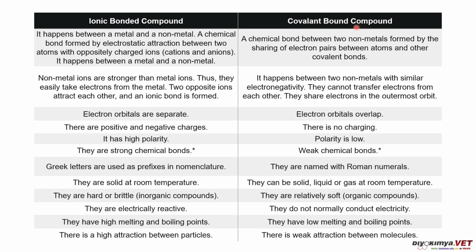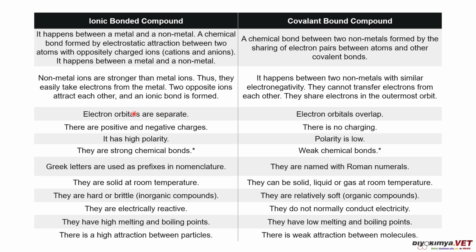And covalent bonding is the sharing of electron pairs between atoms. Non-metal atoms are stronger than metals in attracting electrons, thus they easily take electrons from the metal. Two opposite ions attract each other and an ionic bond is formed. Covalent bonding happens between two nonmetals with similar electronegativity. So the difference in electronegativity determines the type of bonding.